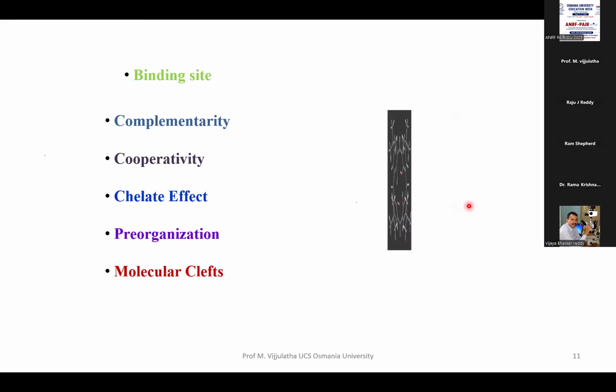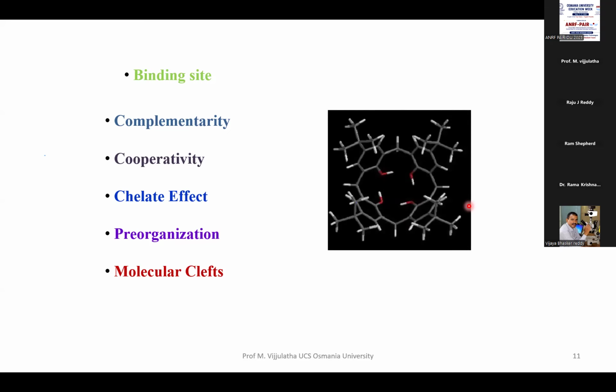The other one is pre-organization, where we say that the active site of the protein is already pre-organized, so the ligand which is coming and fitting into the active site has to check where it has to exactly go, which pose will have the better binding affinity is what we try to see in the pre-organization.